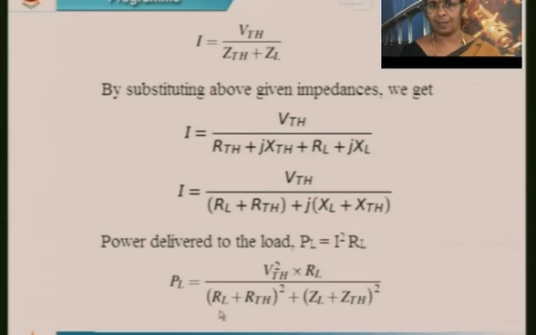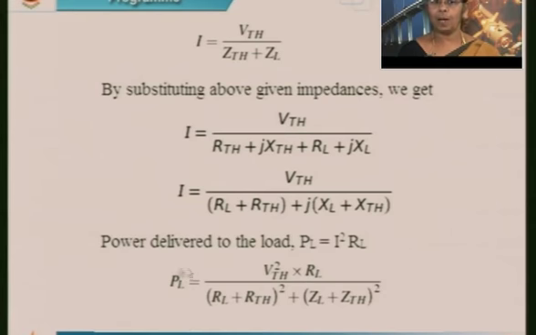That's what is being done here. It is RL plus R Thevenin the whole square plus ZL plus Z Thevenin the whole square. The j term disappeared there. You can verify it by using the expression for Z, which is the square root of R square plus X square.